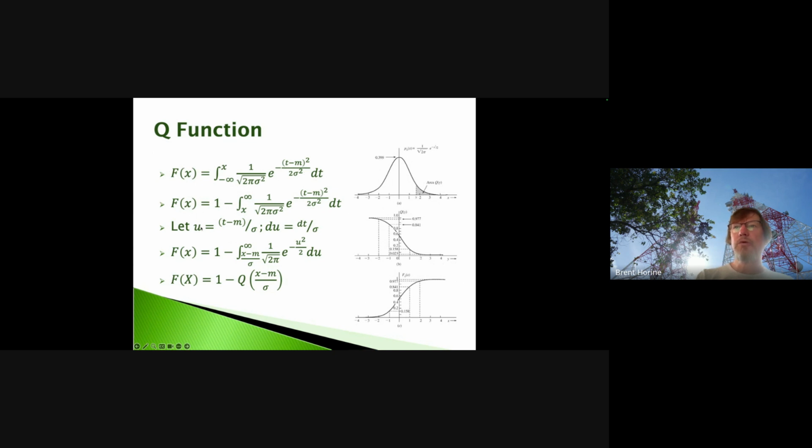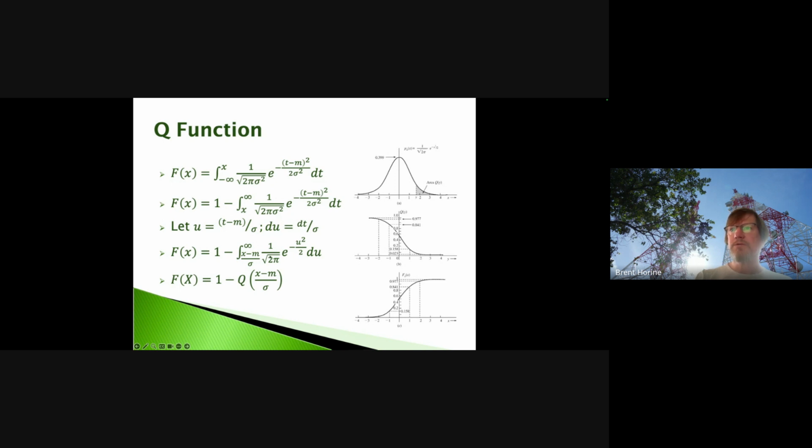Then we substitute in this u for (t minus m) over sigma. Sigma is the square root of the variance, and m is our mean. We do this variable substitution in the integral, so we need to calculate du, and that's dt over sigma.